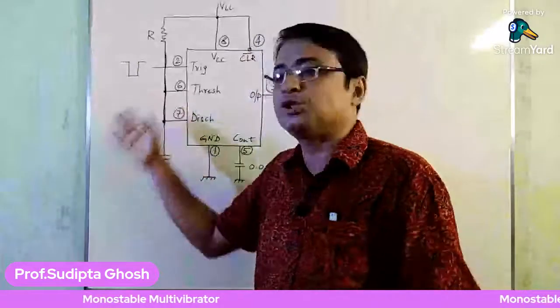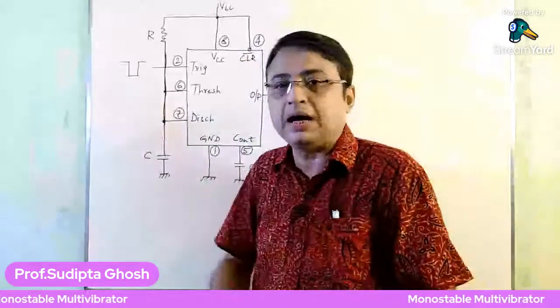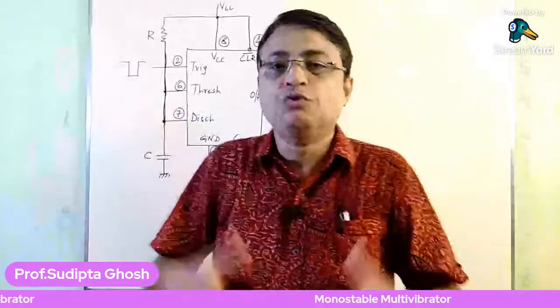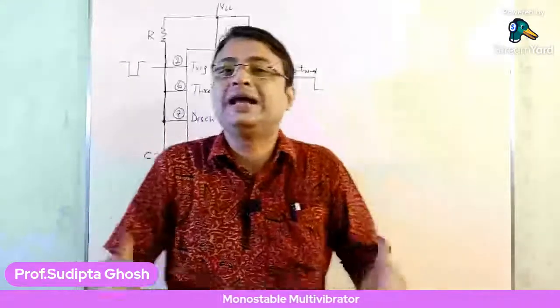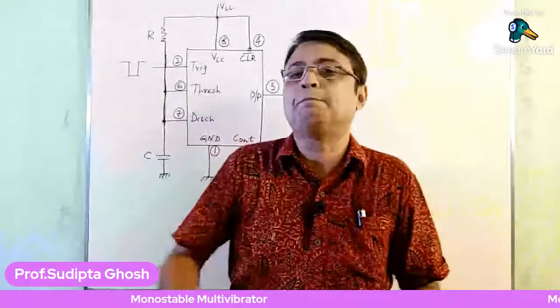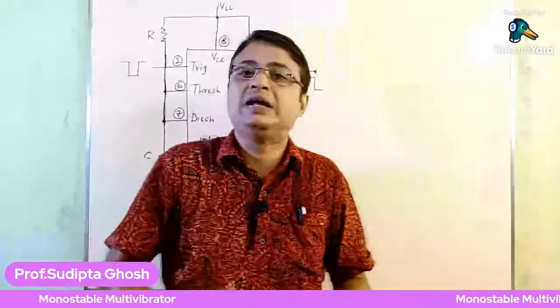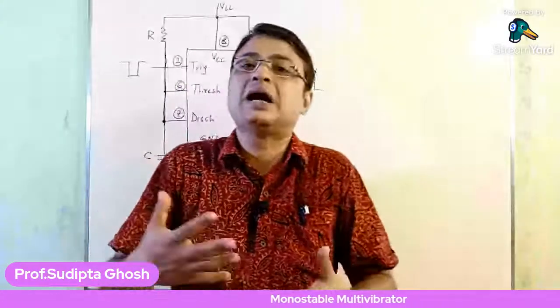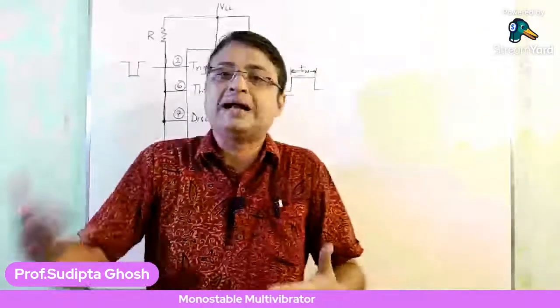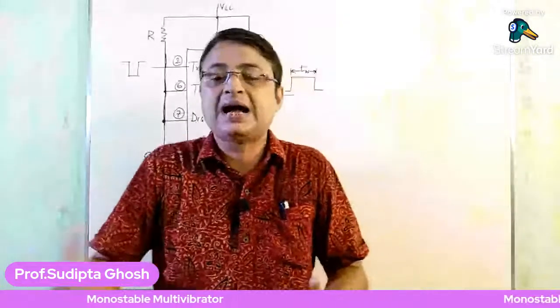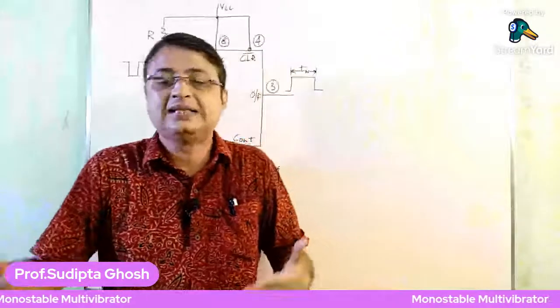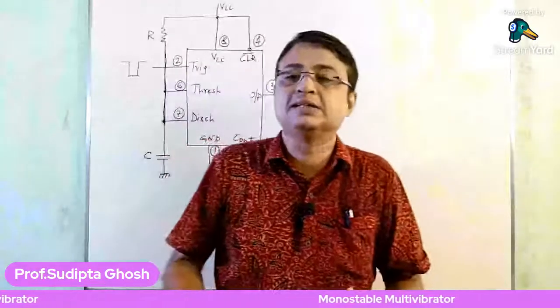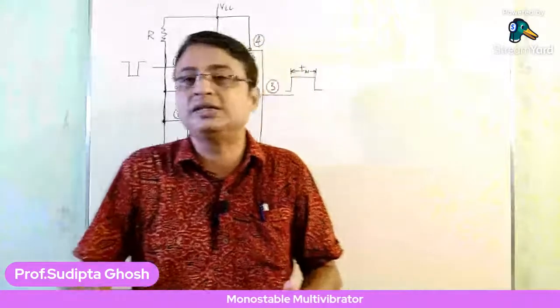The threshold comparator goes above the 2/3 VCC value, which will make the threshold comparator go high, and that will reset the RS flip-flop output, so the output will be 0. That means Q bar is high, and as Q bar is high, it will again put the Q1 transistor in its saturation state.